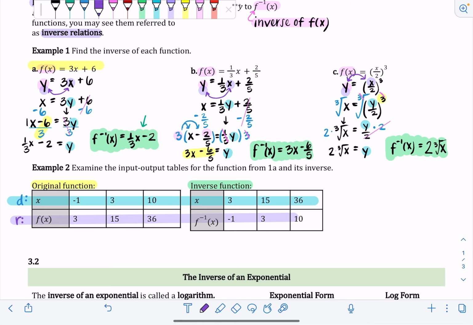So if we look at these two tables and see how the domain and range, or the input output values, have switched, you may hopefully notice something. For example, -1, 3 over here on the inverse is 3, -1. The input output switched. Right here, 3, 15 switched to 15, 3. And then right here, 10, 36 switched to 36, 10.